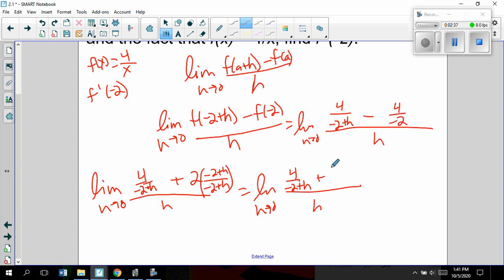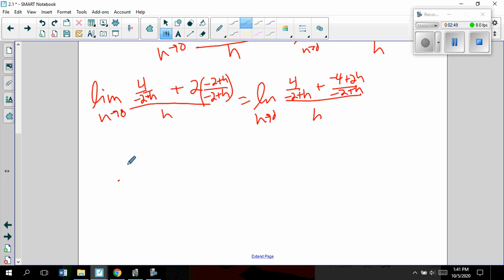So I would have negative 4 plus 2h. So distribute that 2 in. Now that I have my common denominator, I can put them together. So I would have negative 4 plus 4, which is going to 0 out. So I would have 2h over negative 2 plus h, and then that is over h.